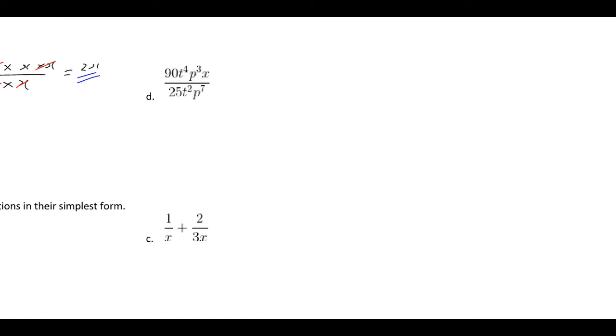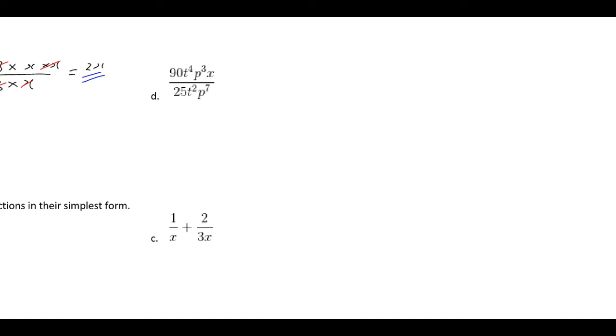Okay, this last one. So that is 2 times 3 squared times 5 t to the 4 p cubed x over 5 squared t squared p to the 7. 2's got nothing to cancel with, 3's got nothing to cancel with.